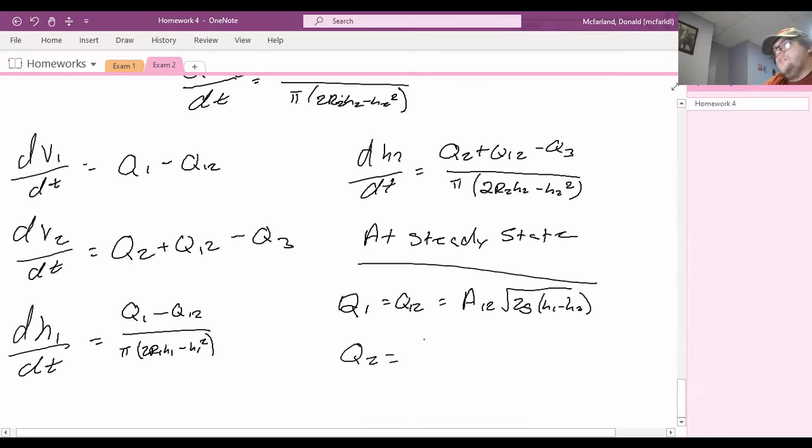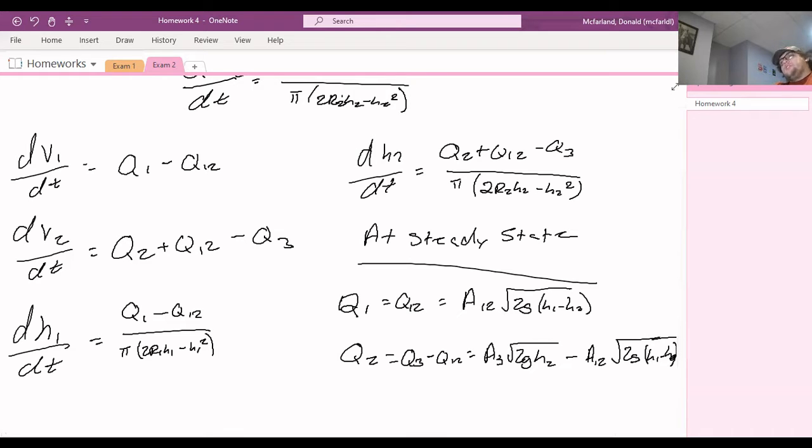Q2 at steady state will equal Q3 minus Q12, which is just A3, the area of pipe 3 going out of tank 2, multiplied by the square root of 2g times the height of the fluid in tank 2, subtracted by the cross-sectional area of pipe 12 times the square root of 2g(H1 minus H2).